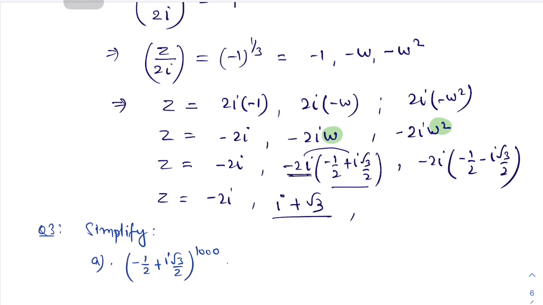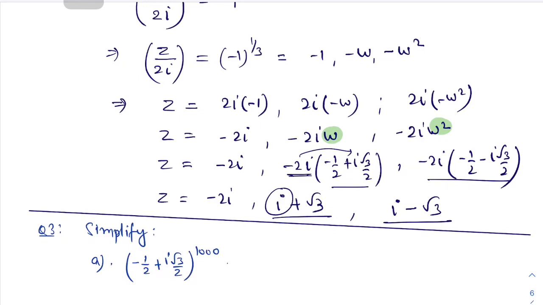So iota plus root 3. Then if you multiply minus 2 iota with minus 1 by 2, minus minus is plus, 2 gets cancelled, iota. And if you multiply minus 2 iota with minus iota root 3 by 2, minus minus will be plus, but iota square will be minus, so 2 gets cancelled, iota minus root 3.